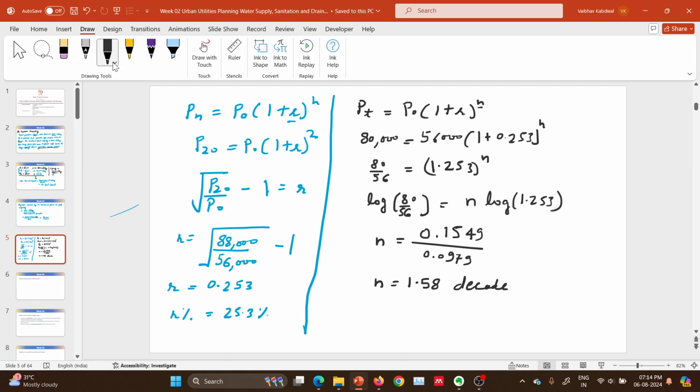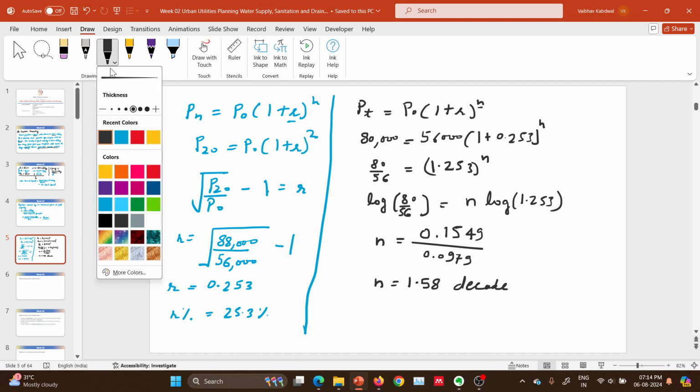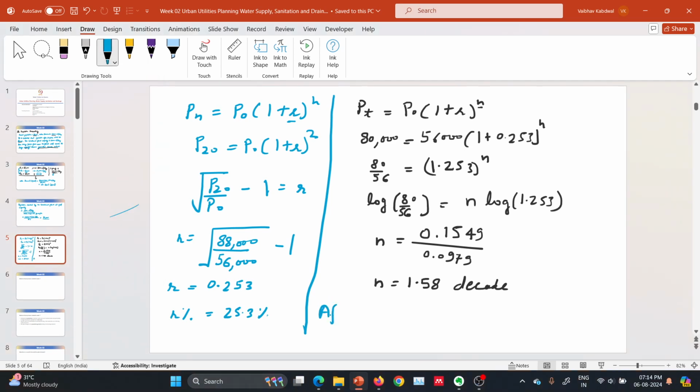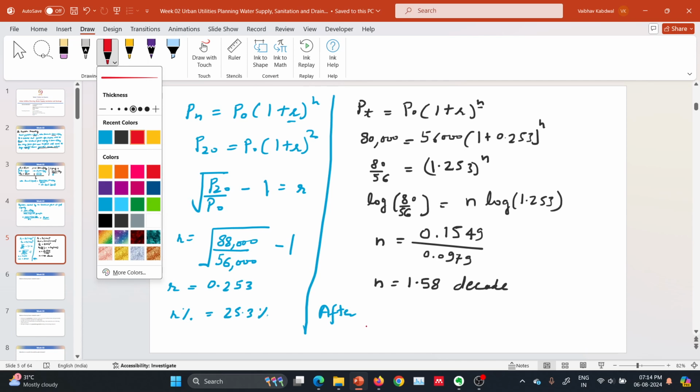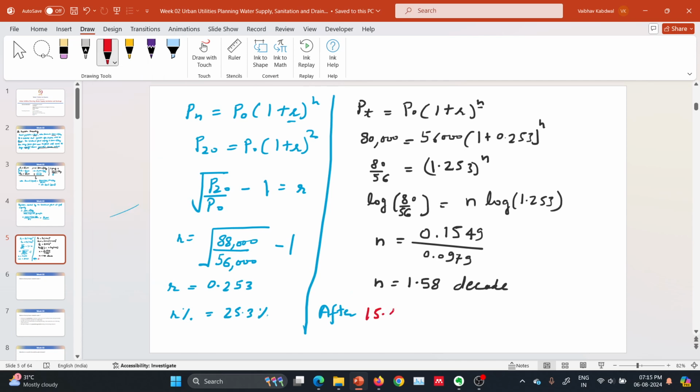From this we can conclude that after 15.8 years, the plant will reach its design capacity.